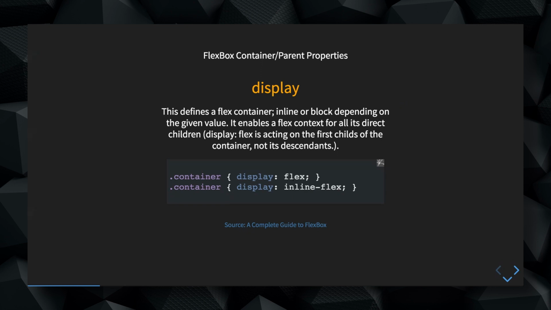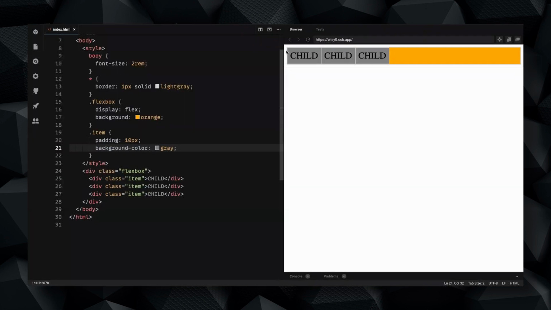Now, flex means that when we have a block element like this, it keeps behaving as a block element, taking up the full width of the containing element and also a new line. And it starts behaving as a Flexbox parent.